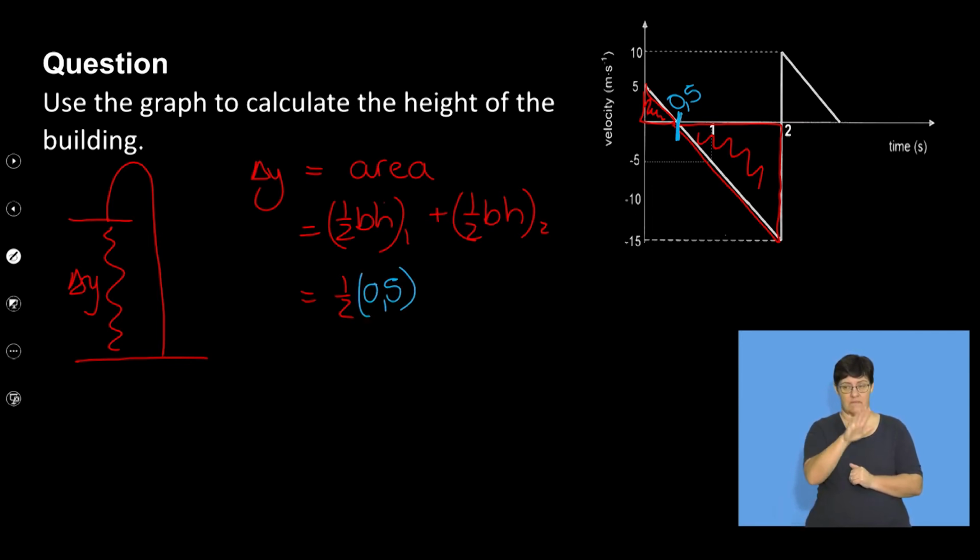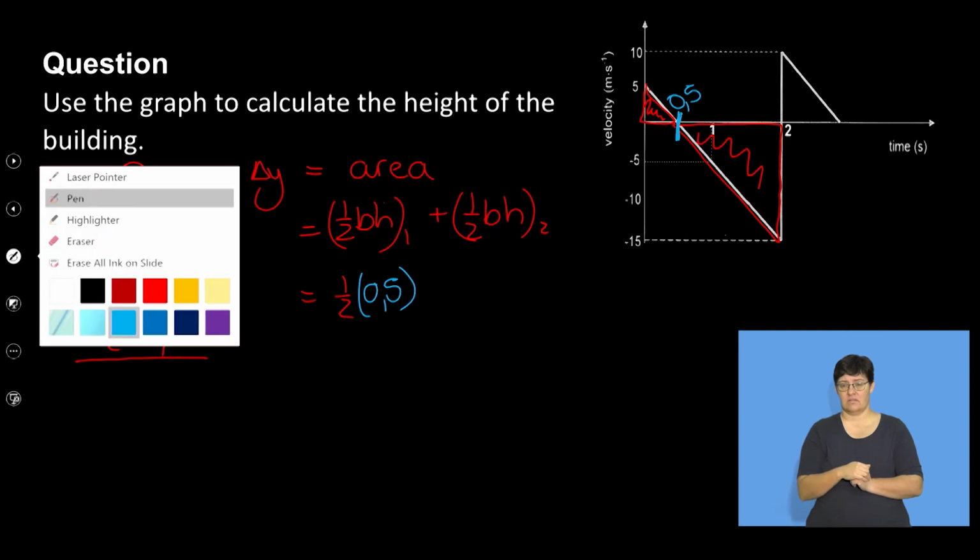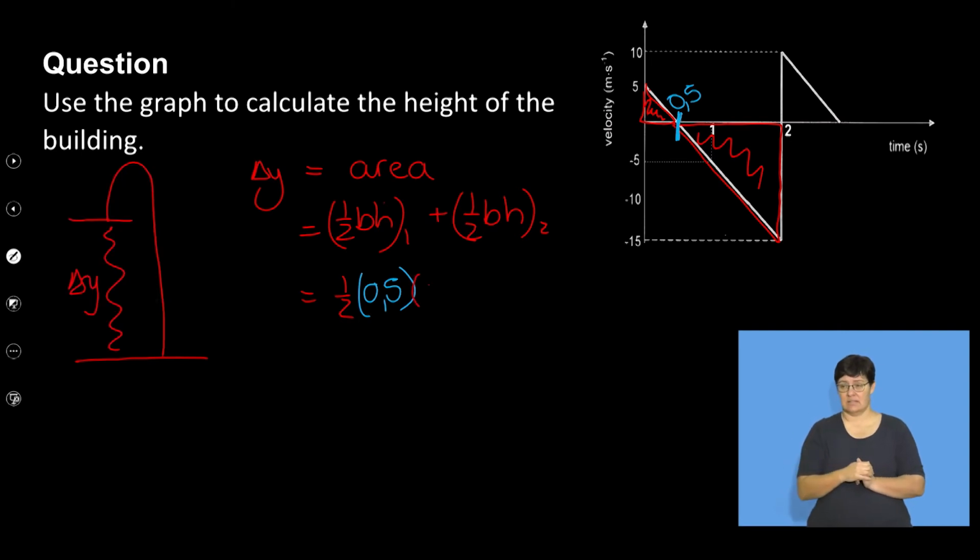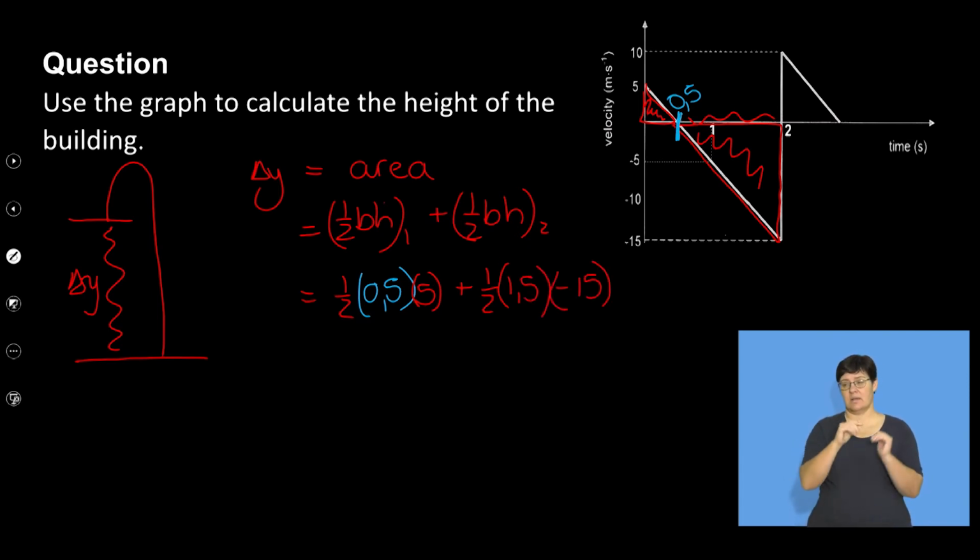So here, I'm going to put 0,5. My height is 5. There we go. Now this is going to be 1,5. My height is minus 15.